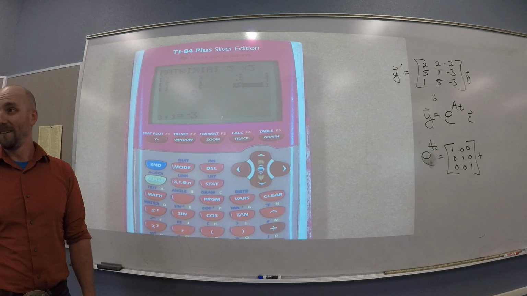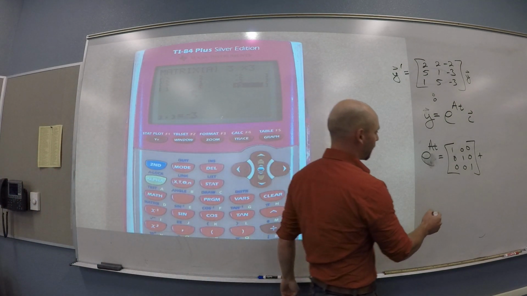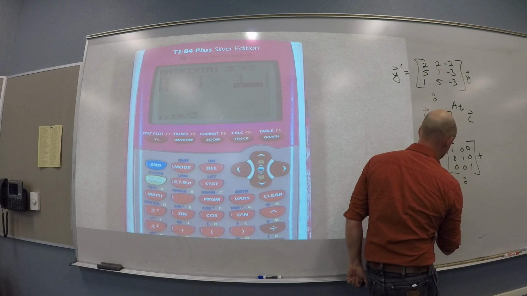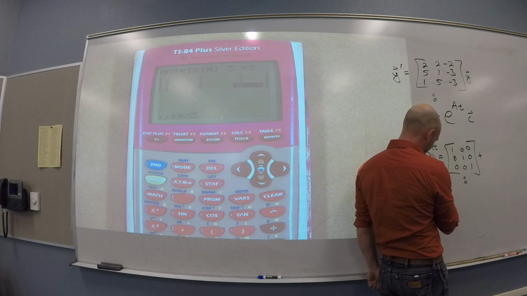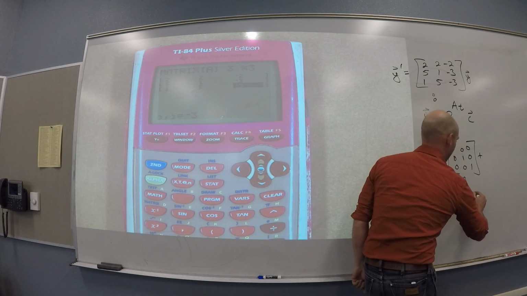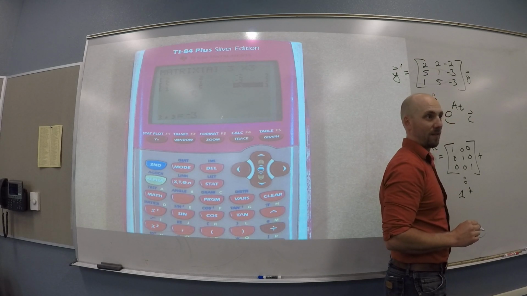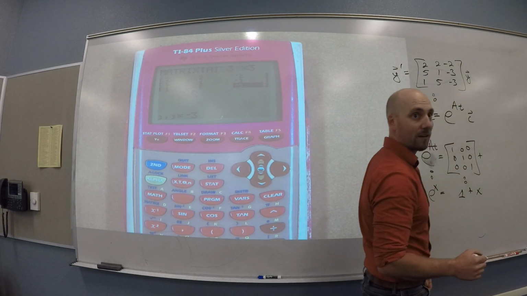Plus, what? 0. Or the first term or whatever. Okay, so I'm kind of thinking here. This is like e to the x, right? E to something, at least, is 1 plus, this should be an x, right?